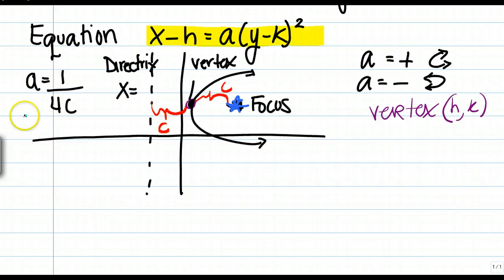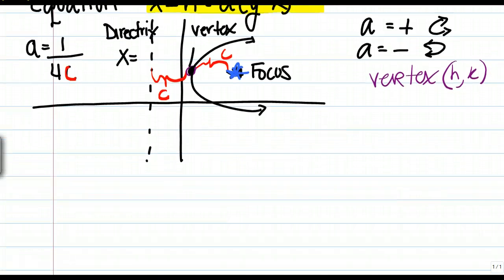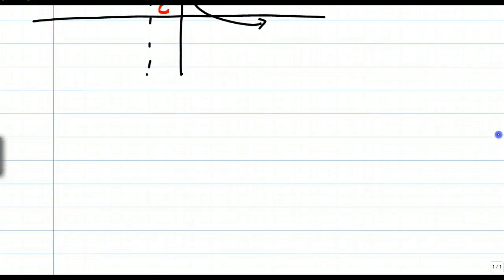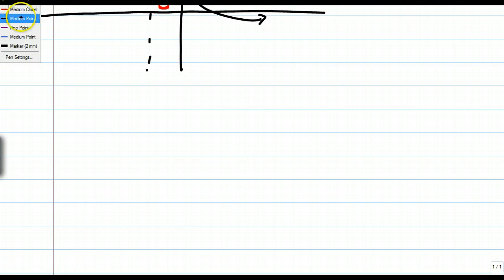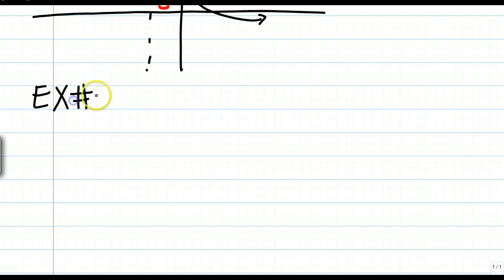You still have the same equation, A equals 1 over 4c, and you can use C to find what A is at times when you need to. Sometimes you're going to use A to find C, so it goes both ways. So make sure you write all this down, and we'll do an example using the two drawings above.